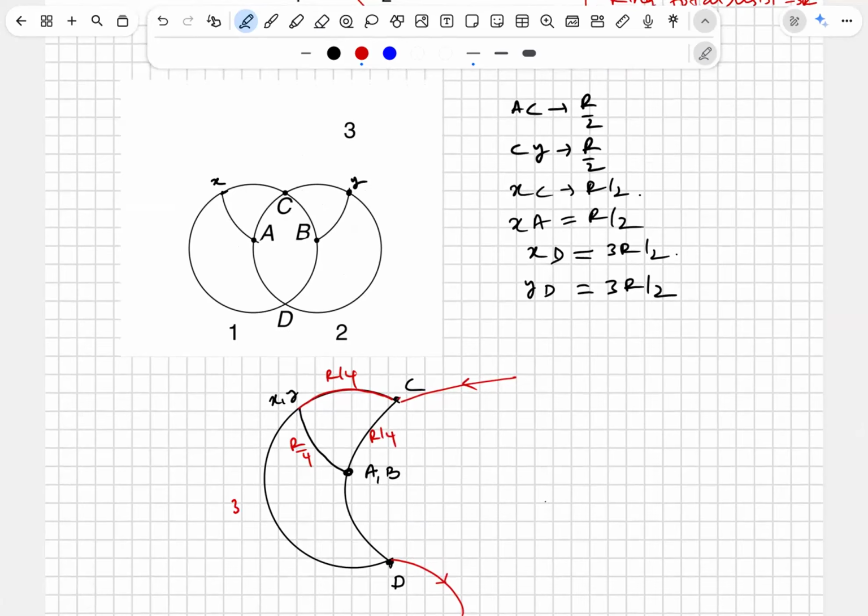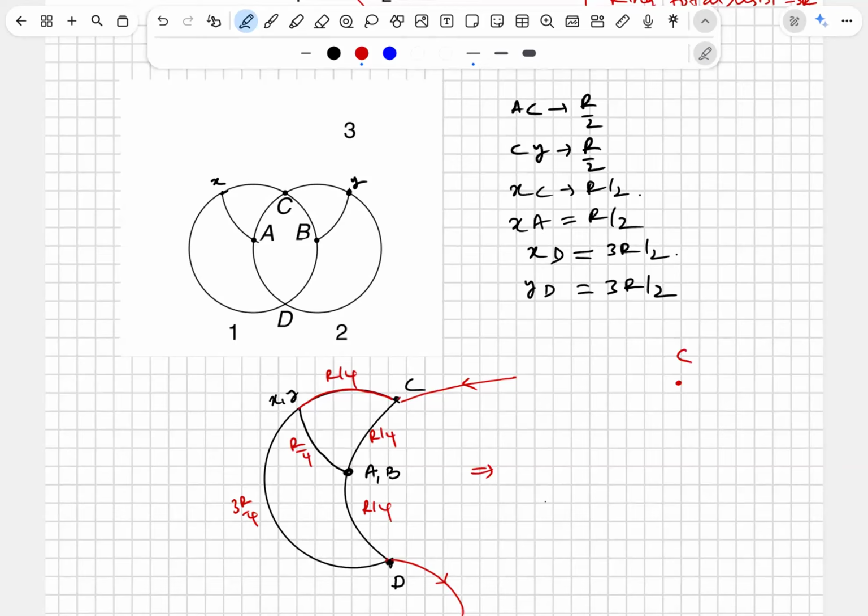Hey, 3R/2 and 3R/2 are in parallel. A to D, A to D. Next to it, R/2, R/2, R/4, R/4. This is a R/4, R/4, not a balanced Wheatstone.